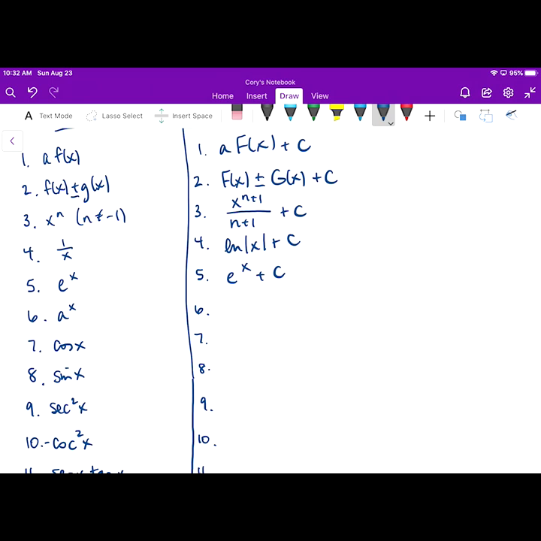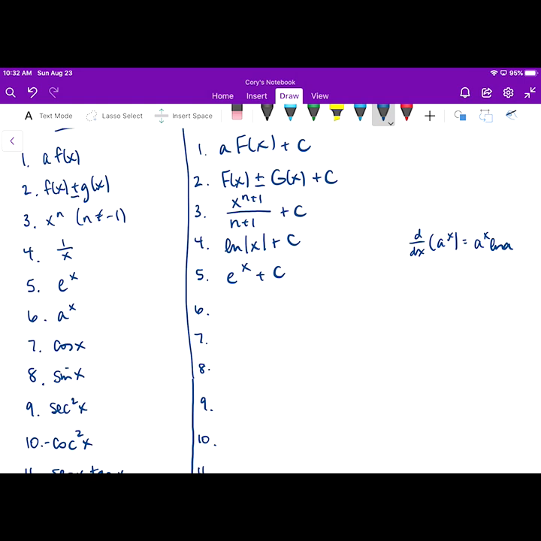Okay, for number 6, if we want the antiderivative of a raised to the x power. Well, if we differentiate a raised to the x power, the derivative of that is a to the x power times the natural log of a. And then if we need to use chain rule, we would multiply that by the derivative of the exponent.